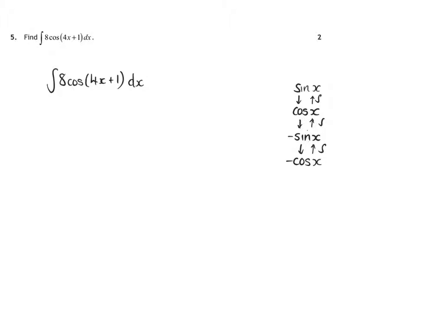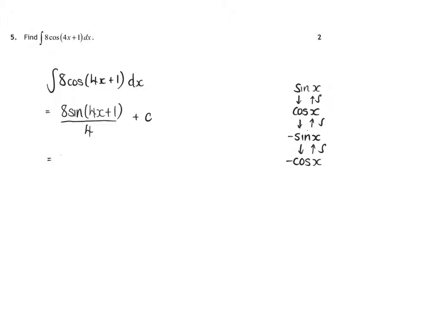So when we integrate cos, it becomes sine. So we're going to have 8 sine 4x plus 1. The other thing we need to do is divide by the differential of the bracket, which is 4. And then we need to add our constant.